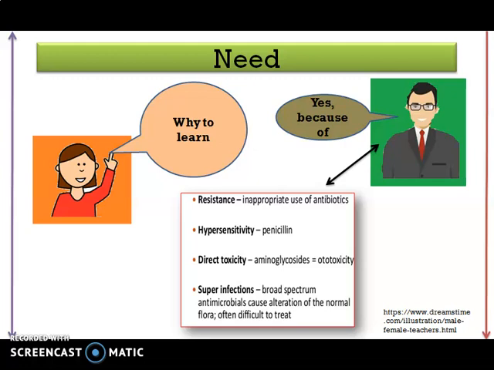So all these things or causes can lead to some changes in the bacteria, and that bacteria can show unresponsiveness to the drug effect, and that unresponsiveness lies in a big word.